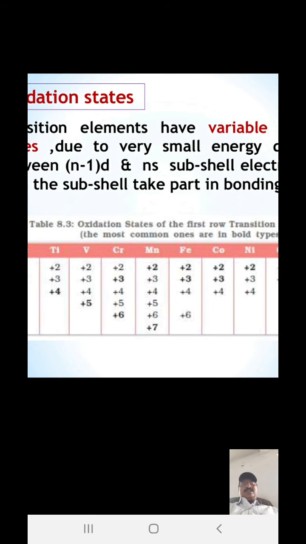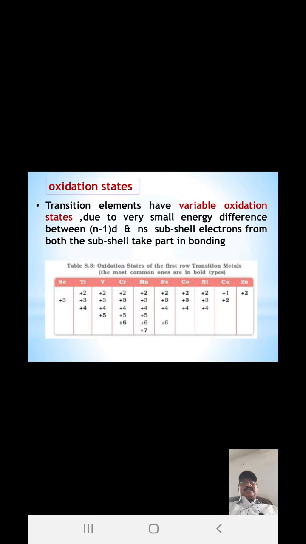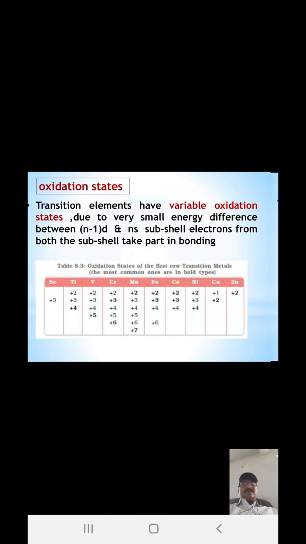But here is one condition: only the unpaired electrons take part in chemical bonding. If the electrons are paired, for example nickel 28, okay, 4s2 3d8. Don't imagine that all 8 electrons in the d orbital take part. Among those 8, how many are unpaired? You know, d orbitals can hold 10 electrons.